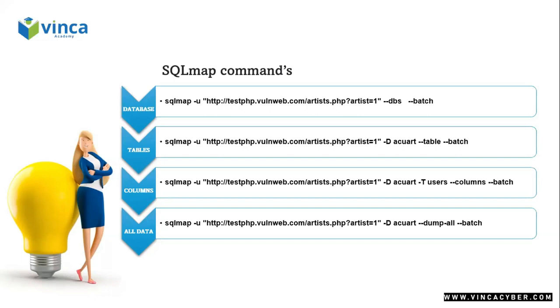There might be 2 or 3 databases. In a single database there might be a number of tables, and in the tables they put some columns. Inside the columns they add user information, like password information. So let's go step by step: find the database name, the table names, the column names, and so on.